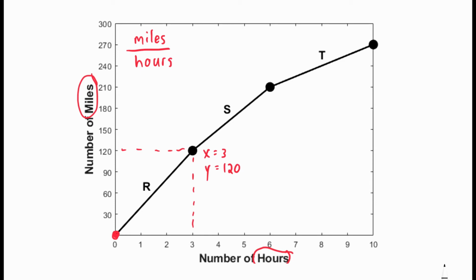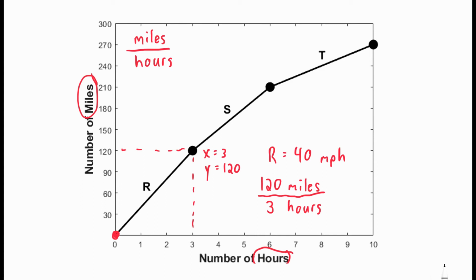Because the first point starts at 0, the second point is at 120, we have to rise 120 units, or 120 miles. And how far do we have to run? Well, we have to run from 0 to 3. So we have to run 3 units, so 3 hours. The slope for part R is 120 miles divided by 3 hours, which is 40 miles per hour. R is 40 miles per hour.